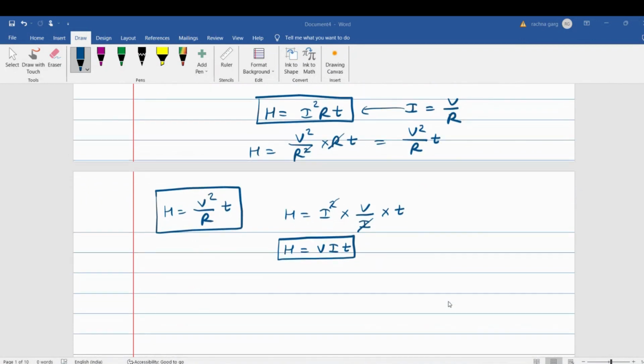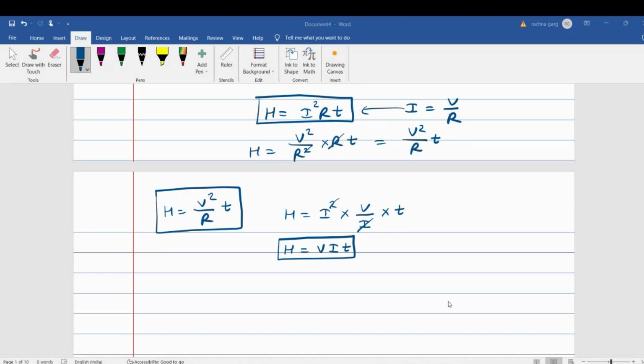Now this heating effect is shown by specific elements. Tungsten, it has high resistivity. So those materials which offer high resistivity, in those materials, most of the electrical energy is converted into heat energy.